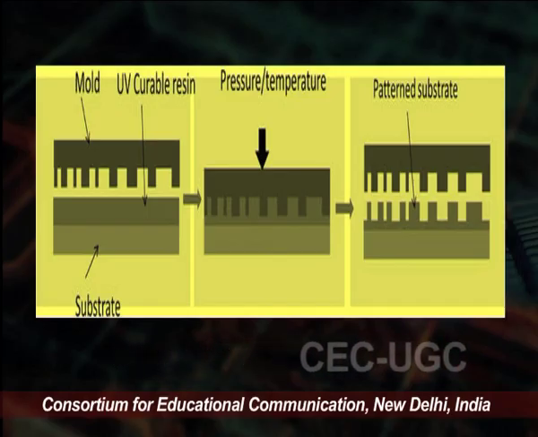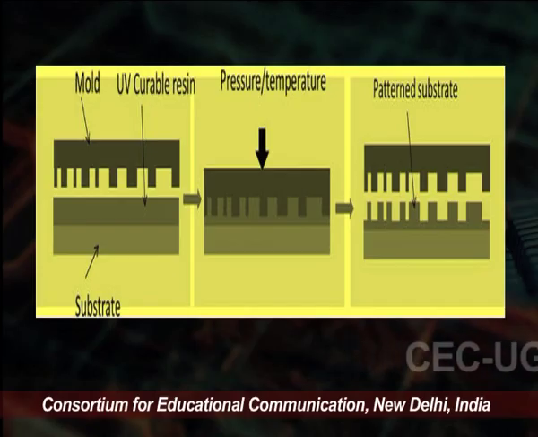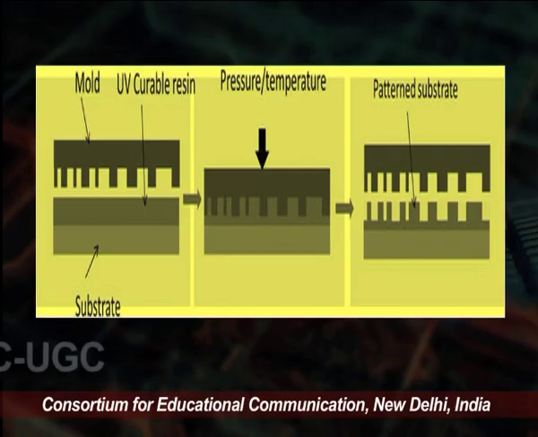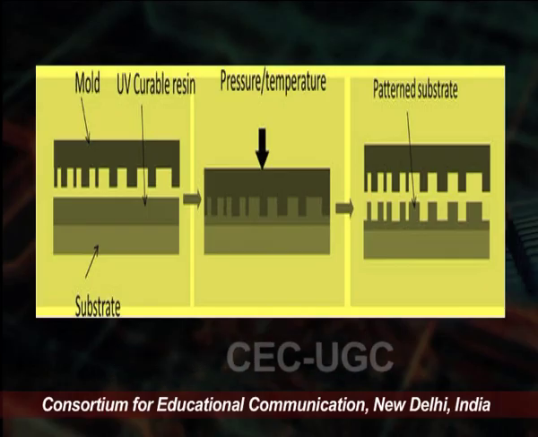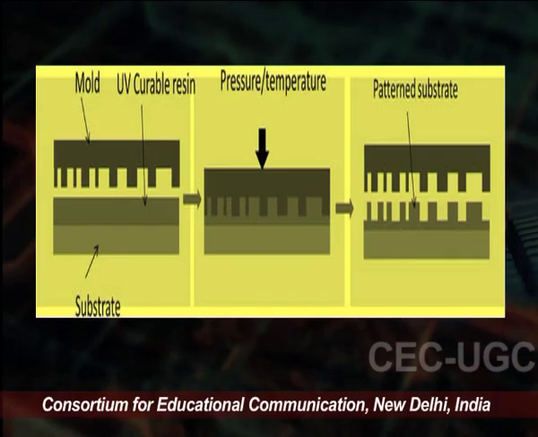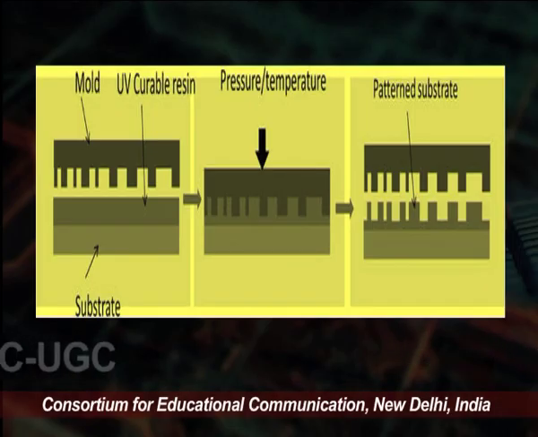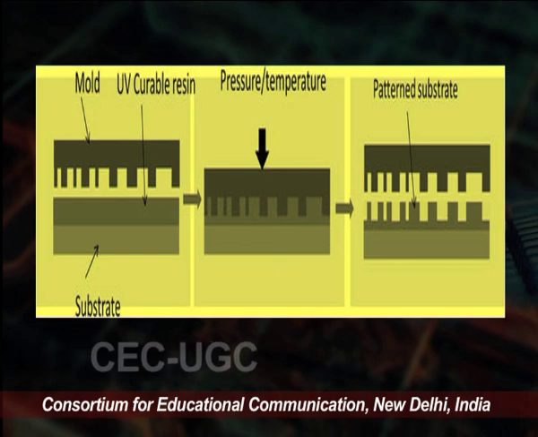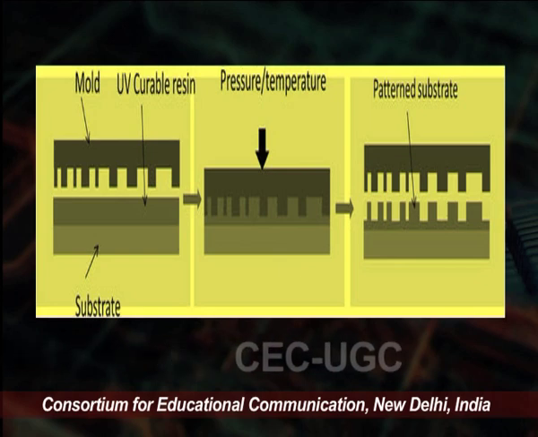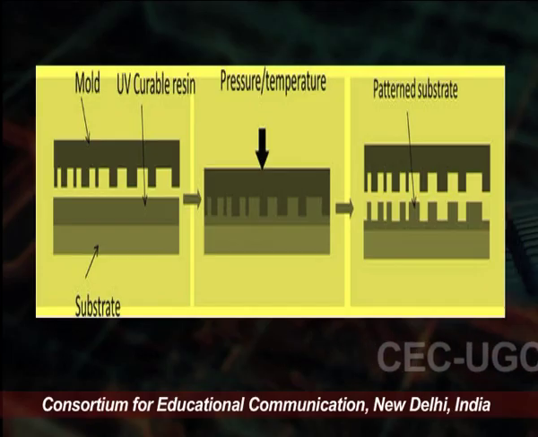Now the pressure and temperature are maintained for the imprinting, and lastly you see the pattern is prepared on the substrate. So, by using the mold, we can prepare the desired structure on the substrate, and that can be used for further devices.